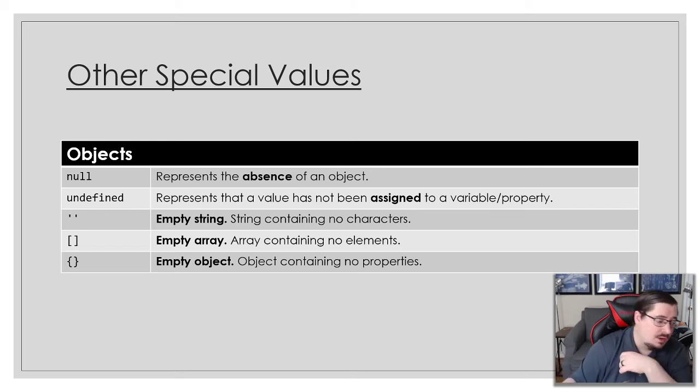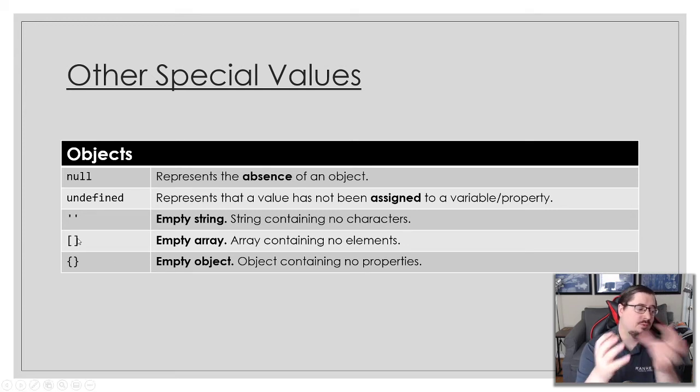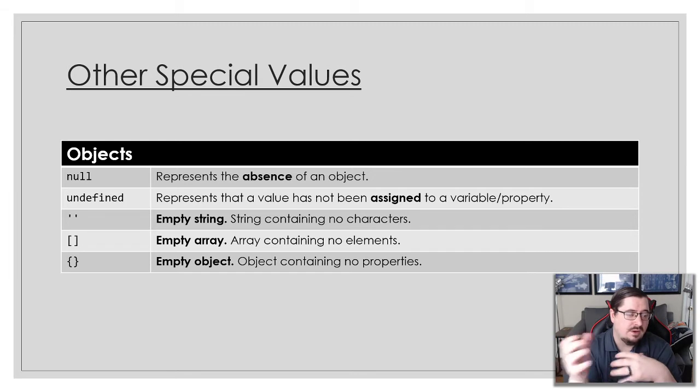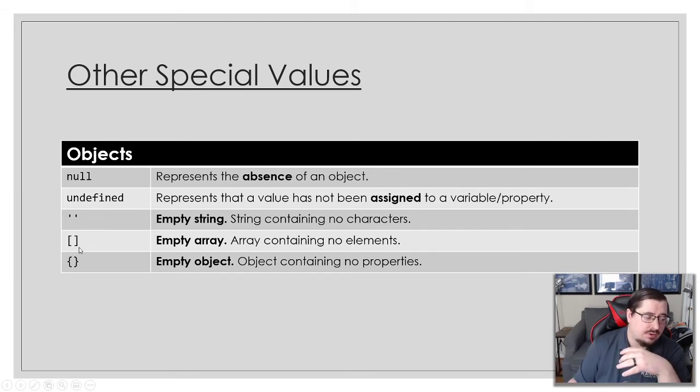Empty strings start and end with a quote and quote. There are just no characters in between, so we refer to that as an empty string. We're generally going to treat that as an invalid value, but recognize that there's an object there. There is a string here. It just doesn't have any characters in it. Similarly, you can have empty arrays. An empty array is an array that doesn't contain elements, right? So all of these things are not equivalent, but they're often common error cases where we want to say, well, this is a special case.